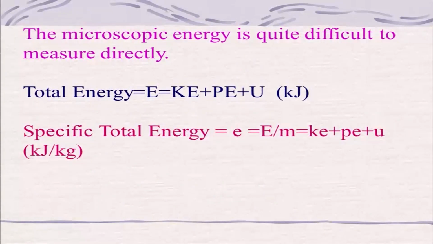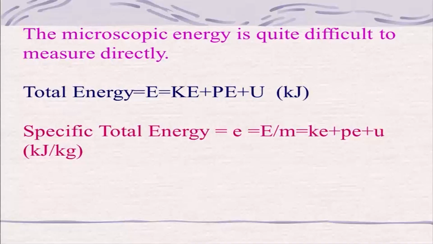So that we can utilize it. Let me put it another way: nature has stored some energy and we should utilize it for our purposes. The microscopic form of energy is quite difficult to measure directly. You can have a model and say it is like this, but you cannot really measure it.